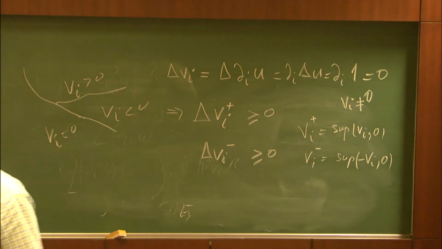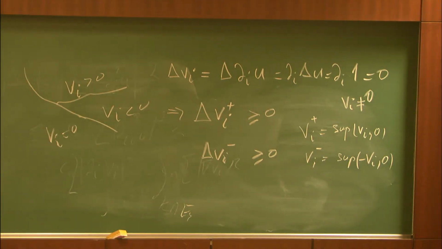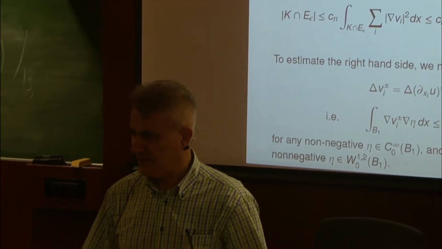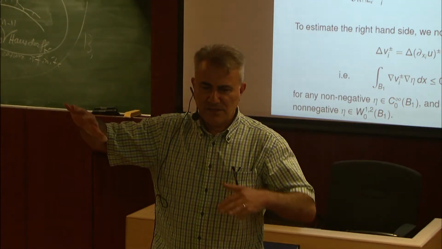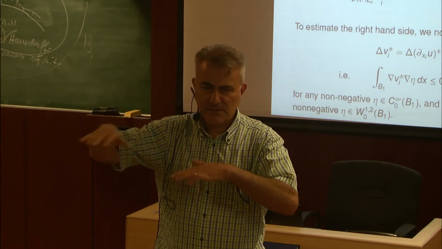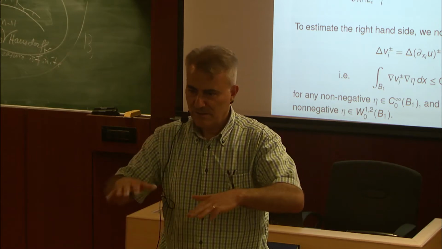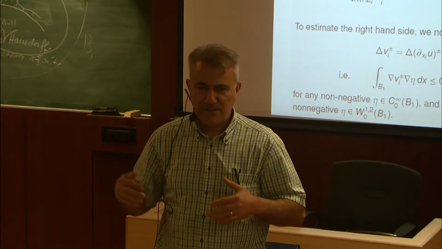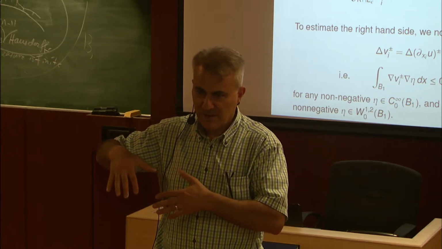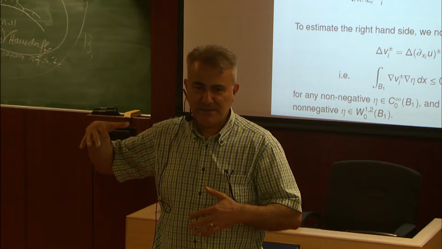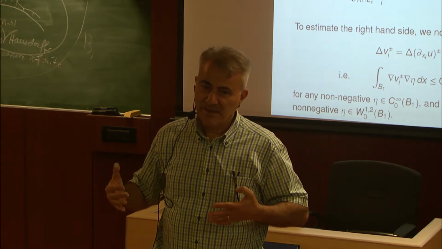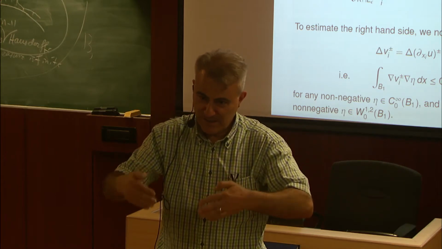This is an exercise for you to prove; you might even have the proof in the Evans book. If a function is 0 and non-negative, so VI plus is 0 here, and Laplacian of this function is g on this set, and 0 outside, and something appears on the boundary.